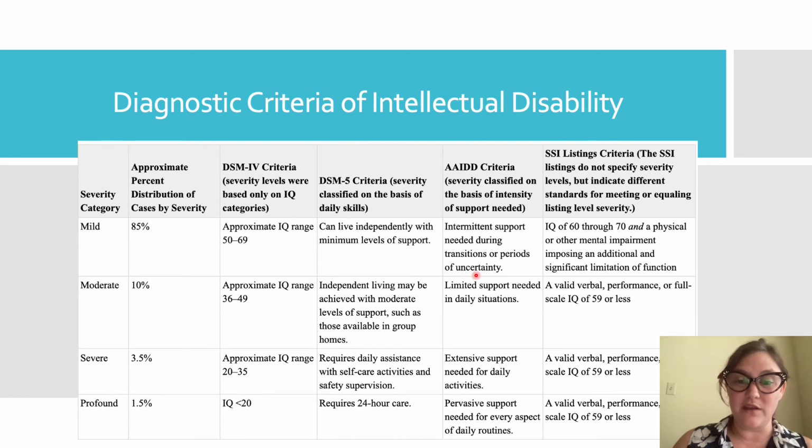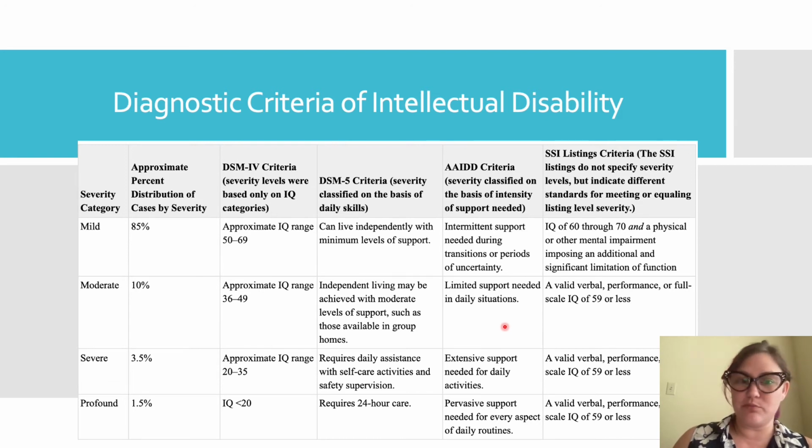The language that they use is a little bit different than the DSM-5, but it's still similar that it's based on intensity of support needs. So for mild ID, it's intermittent support needed during transitions or periods of uncertainty. So not needing support all the time, but whenever there's a big life change.